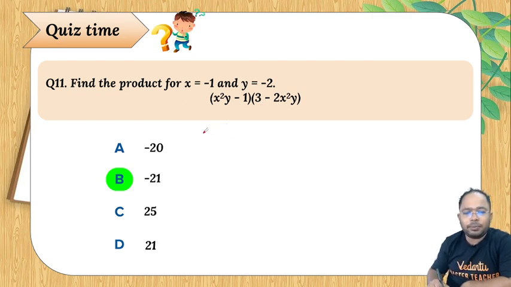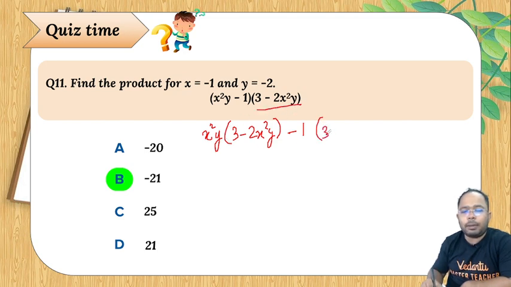So let's look. x square y into 3, let's multiply this in a complete way so that you do not get confused here. x square y is multiplied with this whole part, and minus 1 gets multiplied with this whole part.